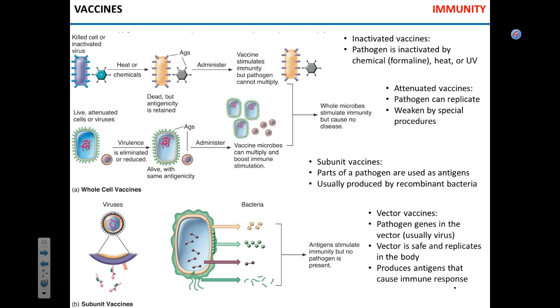What else? UV. Well, UV is probably a little weak. You want something more powerful. But yeah, radiation, you can irradiate it. Absolutely. Perfect. So you inactivate it. UV is probably not going to be enough. Okay? So you inactivate it.